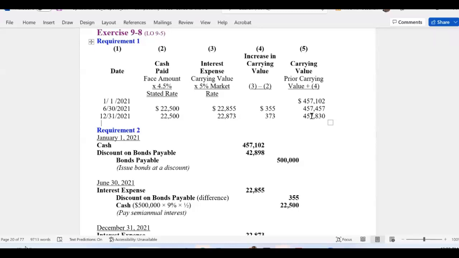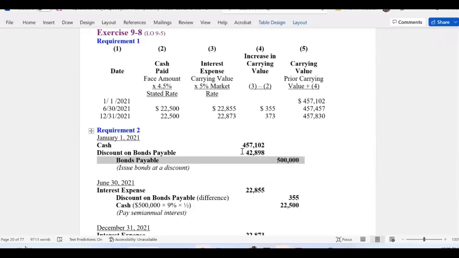bond payable. Now, for the first payment, remember the company, on January 1st, is recognizing that it raised 457,102 from investors, but the bond that is going to be recognized is obviously $500,000.